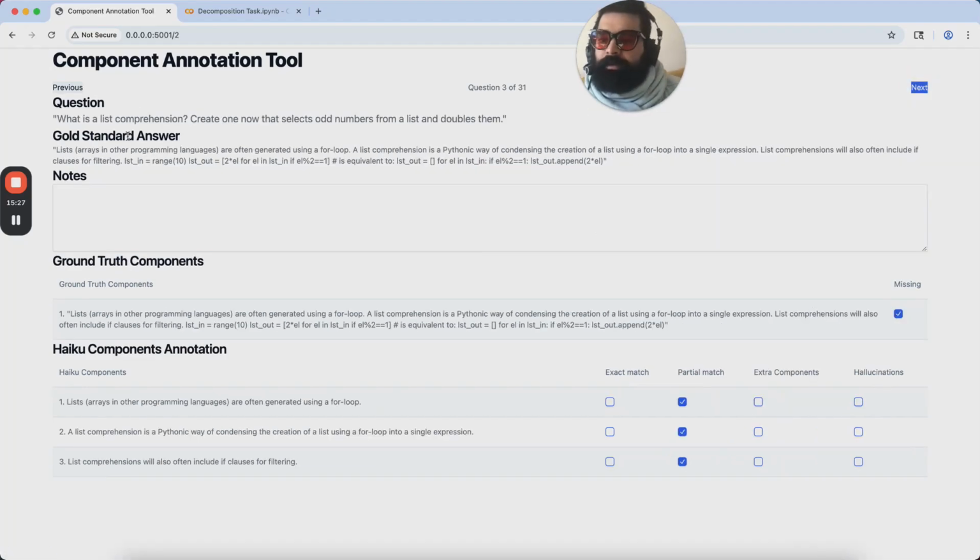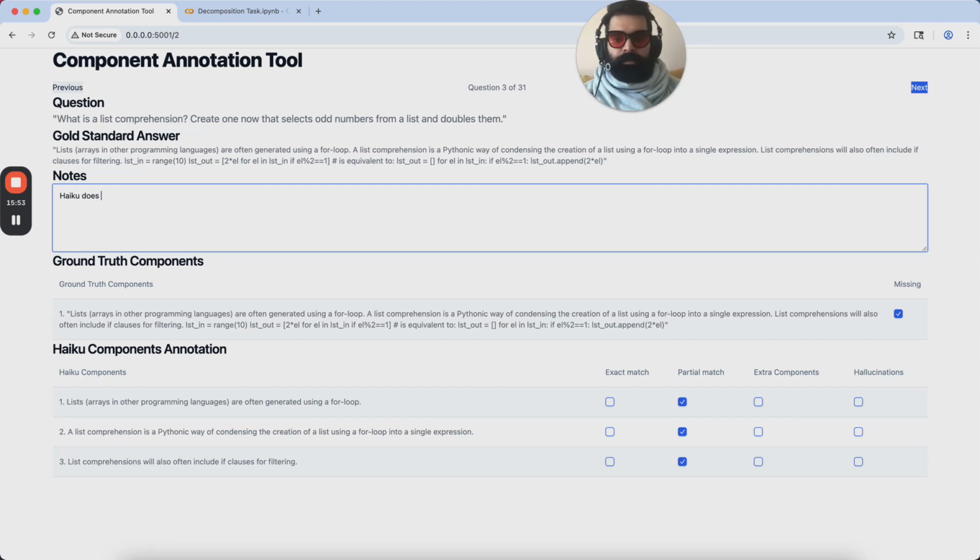Okay, this one is about list comprehension. Again, I have a single ground truth component, and then this is now giving 3 different components. Do I have any thoughts about this? Well, so there's this missing, so I'll note that Haiku does not generate components for the example code in the gold answer.